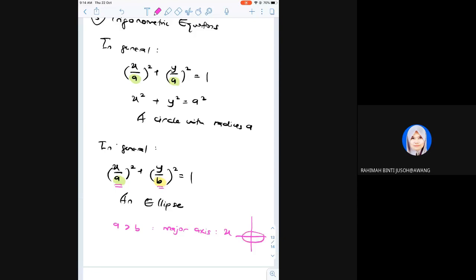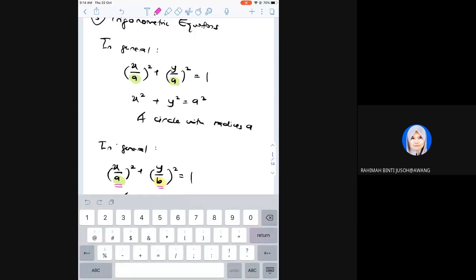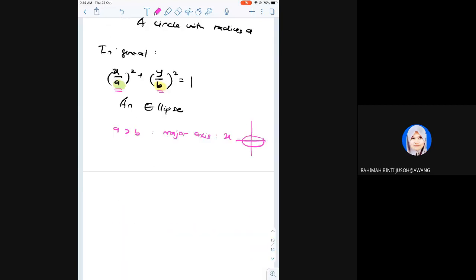Dilepih pada paksi X. Okay, if your B greater than A means your major axis is Y, which means that your graph would be like this. Macam tu. Okay, understand the general concept?